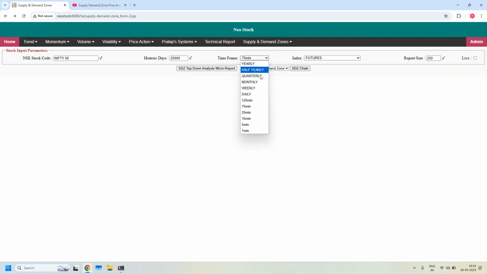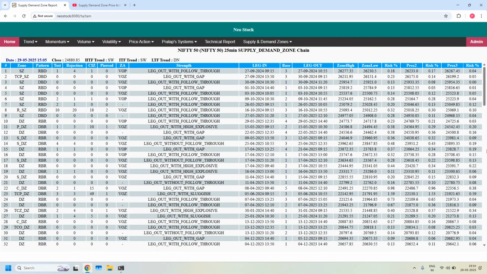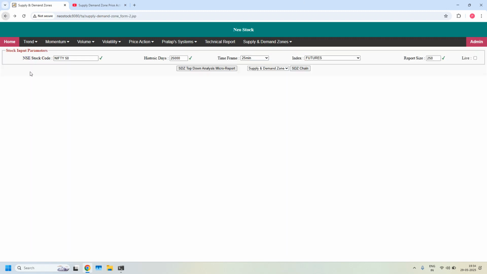Next, 25 minutes supply demand zone chain for Nifty generating. Next, generating 15 minutes supply demand zone chain for Nifty.